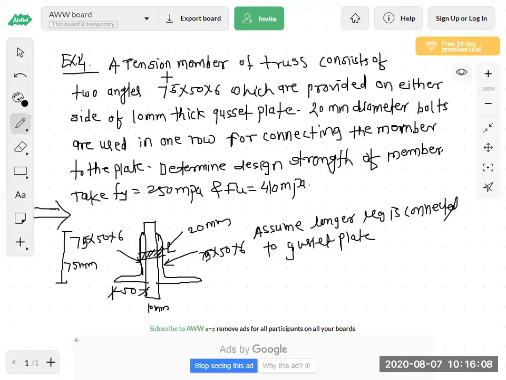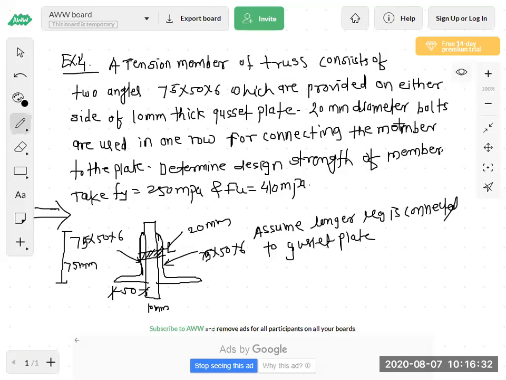Read the problem statement. What they have told: a tension member of truss consists of two angles. Here they have written two angles, 75 by 50 by 6. Means these are the two angles, provided on either side of 10 mm thick gusset plate. Either side means both sides. They have connected two angles.